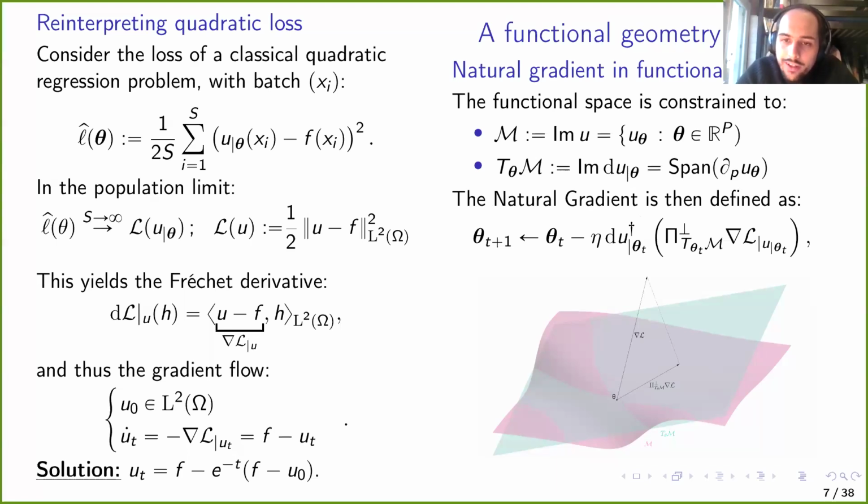And so the idea of natural gradients is really to say, okay, we want to go in this direction. This is not possible. So the best we can do is to project this direction into the set of possible directions, which is the tangent space. And once we did that, we just have to translate it back into a parameter update. This is done through the pseudo-inverse of the differential of the neural network.